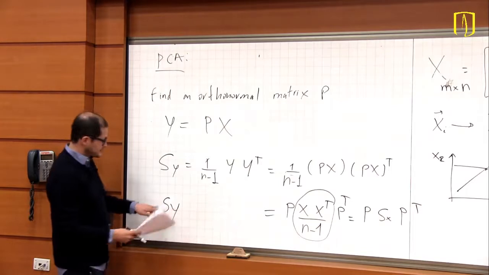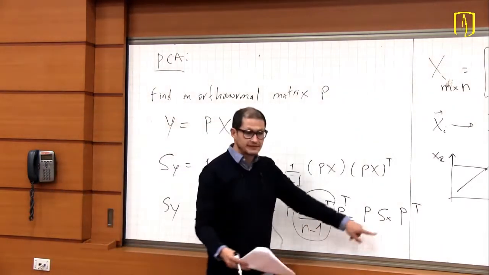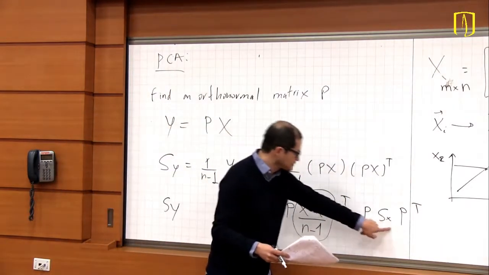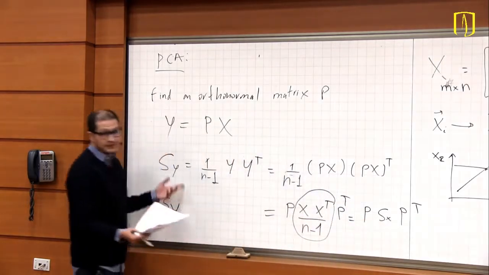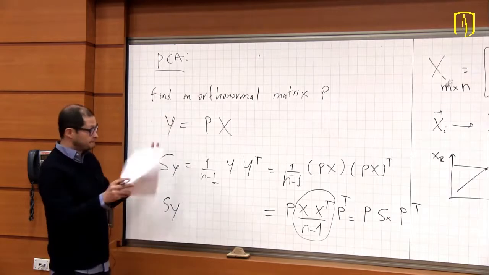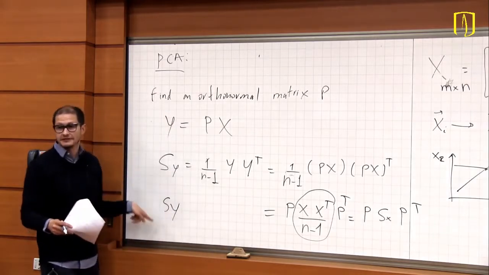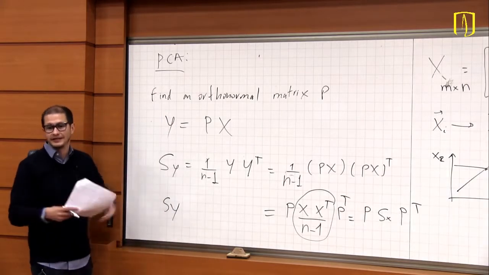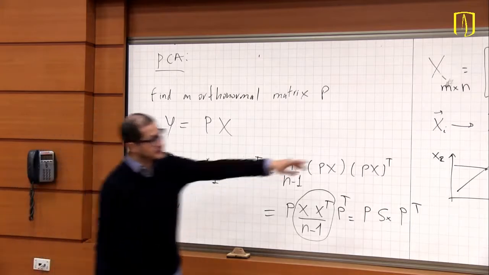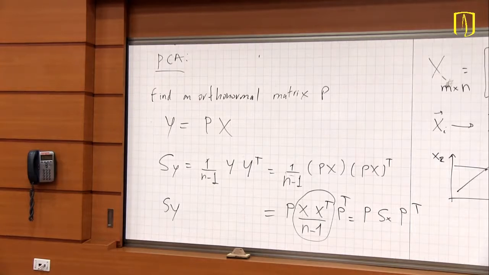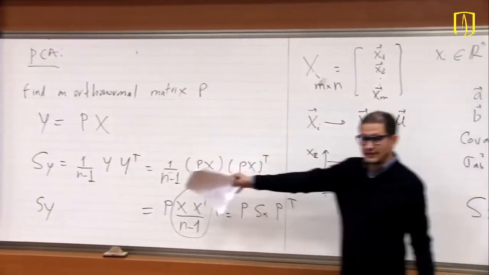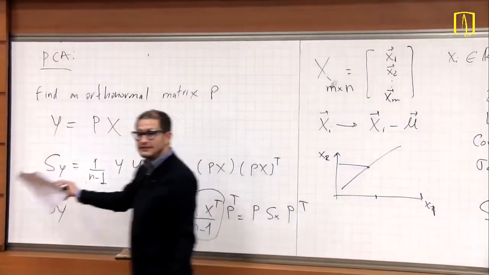What this is telling us is that this is basically a rotation or a transformation on your original covariance matrix, such that the new covariance matrix looks uncorrelated. And what quantifies those correlations? The off-diagonal elements, right? So it means that you want to transform this covariance matrix into a diagonal matrix, okay?